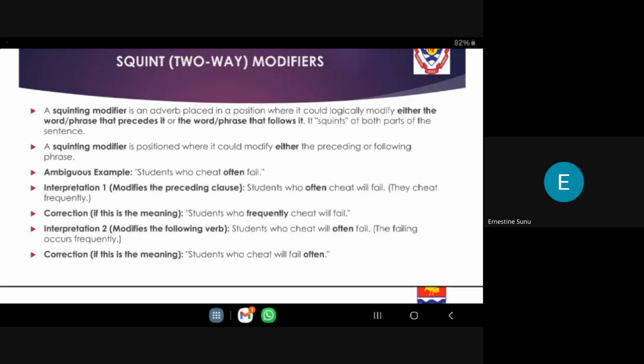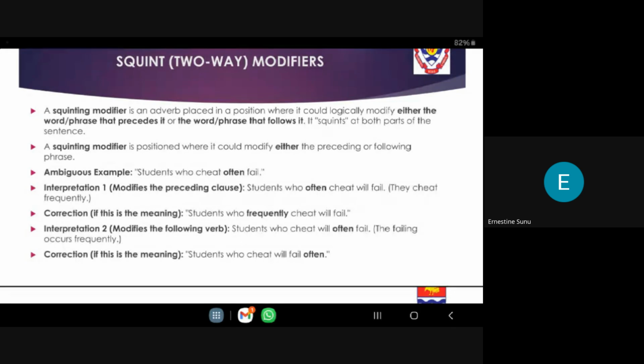So now let's look at the first form. Students who often cheat will fail. They cheat frequently, and that frequent cheating will make them fail. Then the second one: students who cheat will often fail.